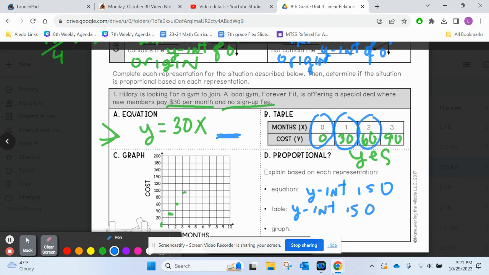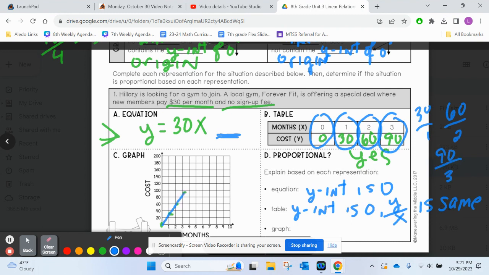On our table, except for 0 over 0, you will notice, so number 1, we saw that the y-intercept is 0, so that's the first thing. But then you should have noticed that the ratio of y over x is the same for every pair of points in that table. 30 divided by 1 is the same as 60 over 2 is the same as 90 over 3.